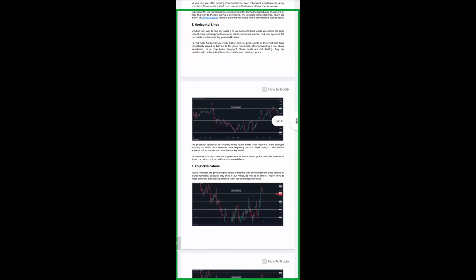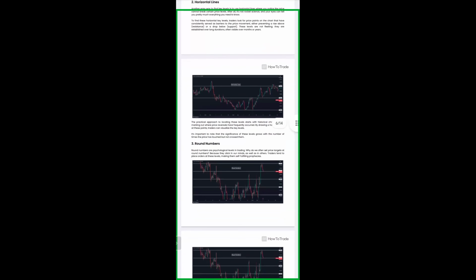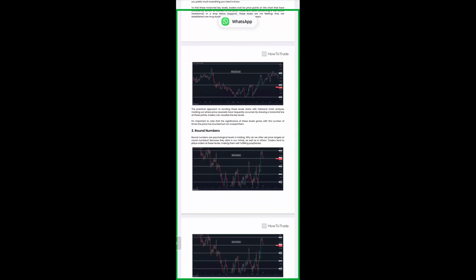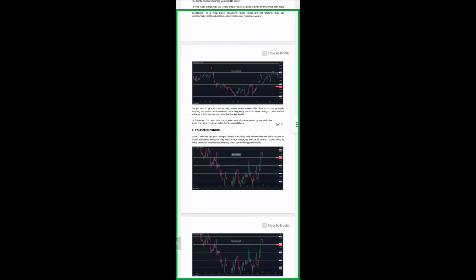We can draw the lines against certain areas where historically such touches along that line have happened before. So we can draw them across and anticipate that in future, market behavior will come and do the same thing, either selling down or buying up.